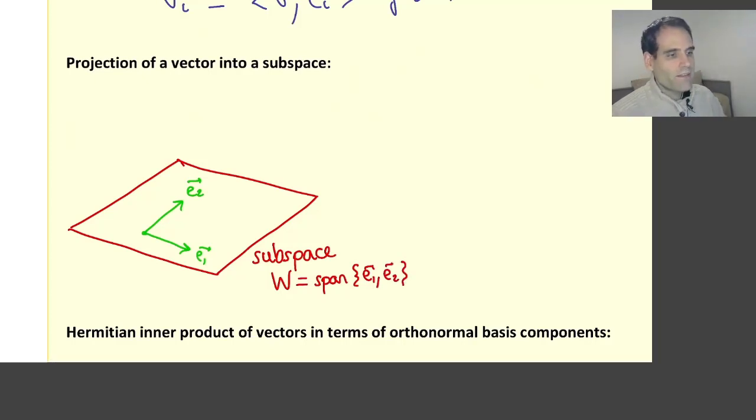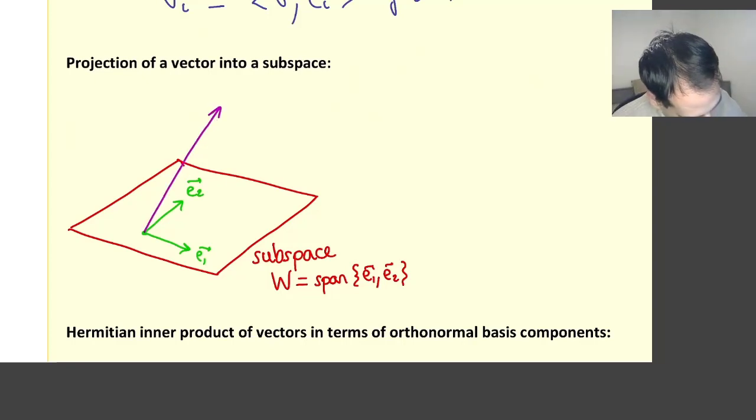Now imagine that we have an arbitrary vector v, which is outside of this subspace. Okay, that's our vector v.